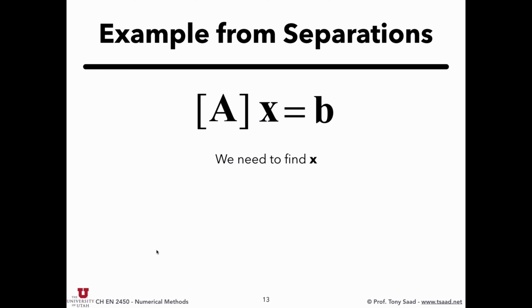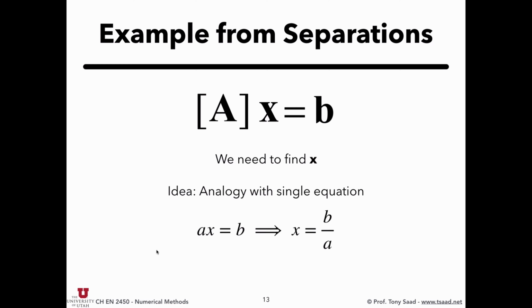Now, I know some of you have done this in high school and some linear algebra, but entertain the thought process that I'm going to guide you through. The idea is, how can we solve for x? Well, let's make an analogy with a single equation where you could write ax equal b. Then you typically solve for x by saying x equal b over a.